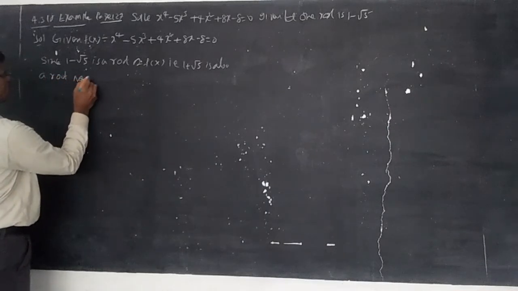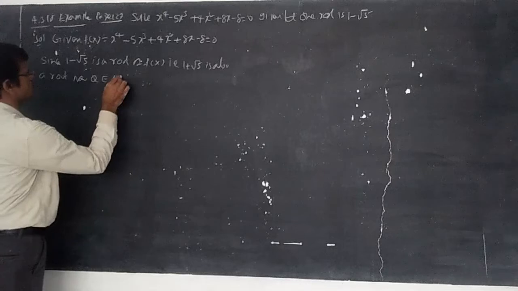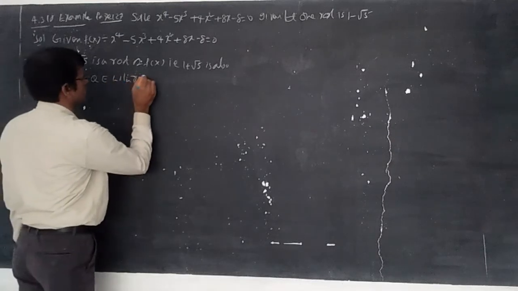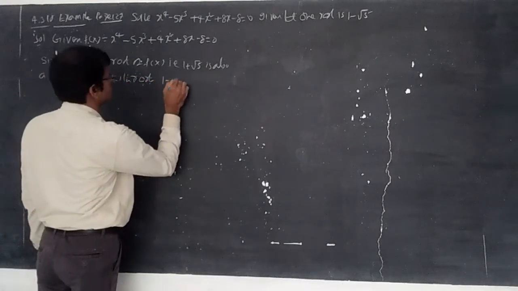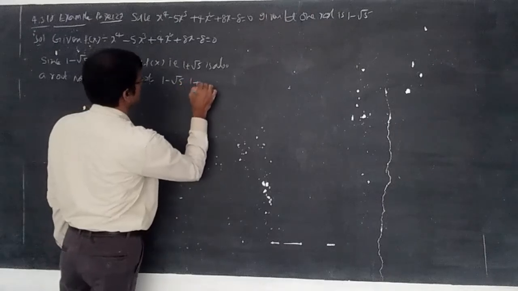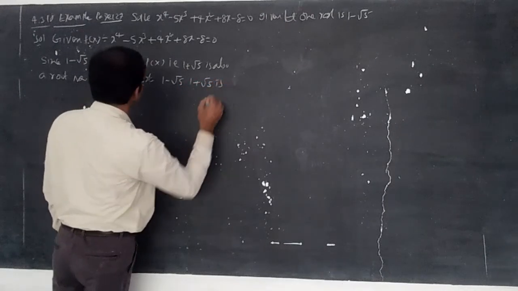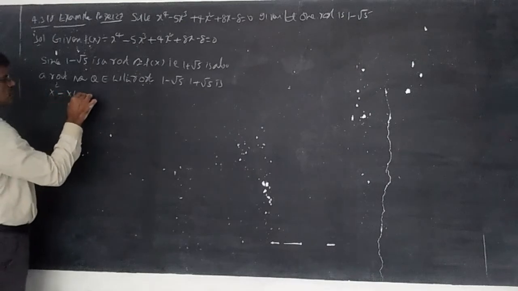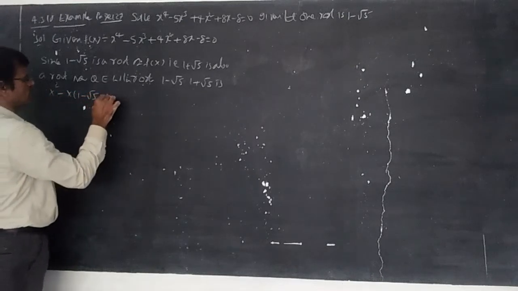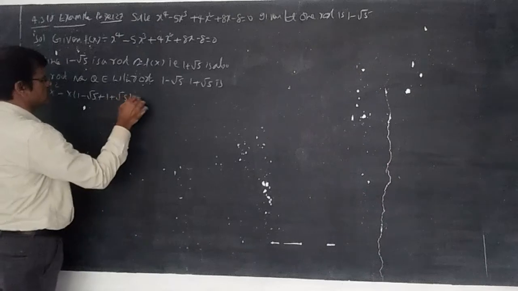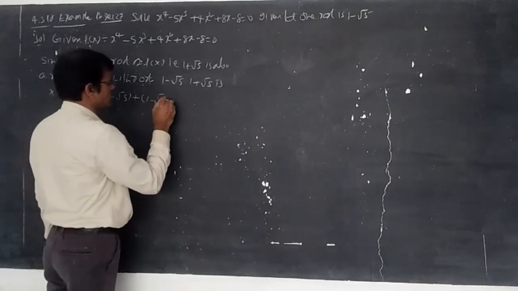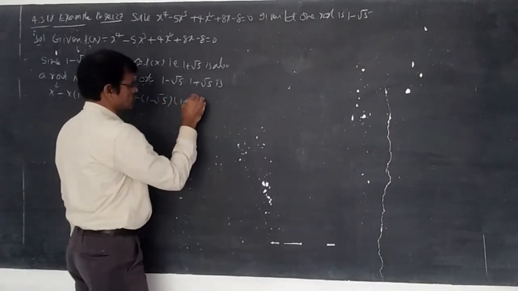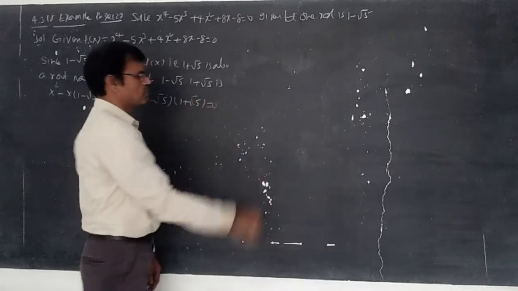Now the quadratic equation with roots 1 minus root 5 and 1 plus root 5 is x square minus (sum of roots) x plus product of roots, equal to 0.